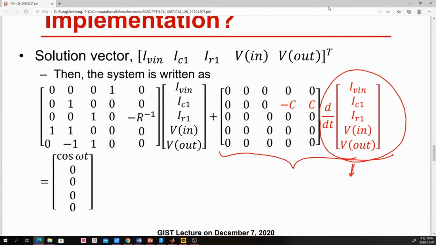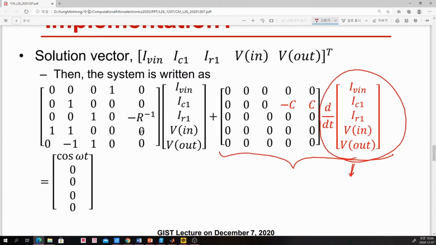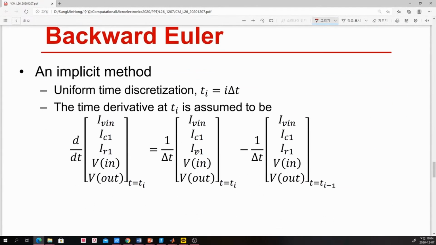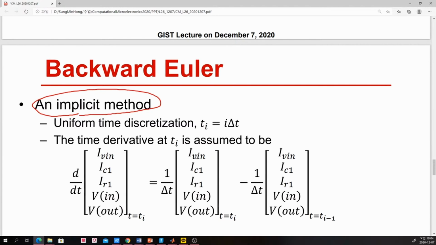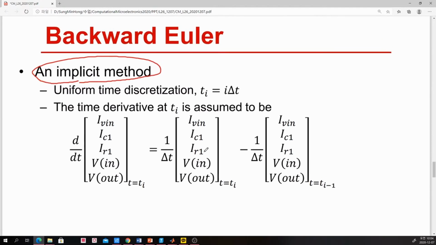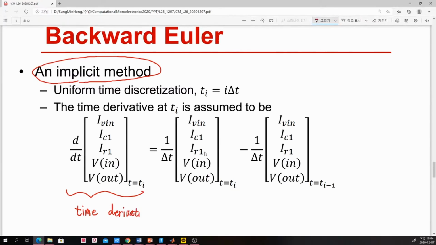Anyhow, we have to express those terms. The point is, now we use an implicit method to express our time dependent term. You know that this is the time derivative term.